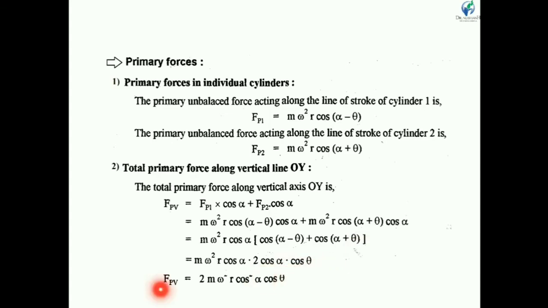So finally, the vertical component FPV is equal to 2m omega square r cos square alpha into cos theta.